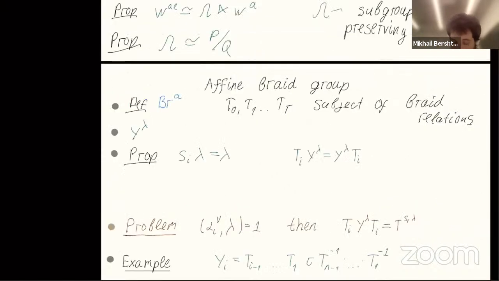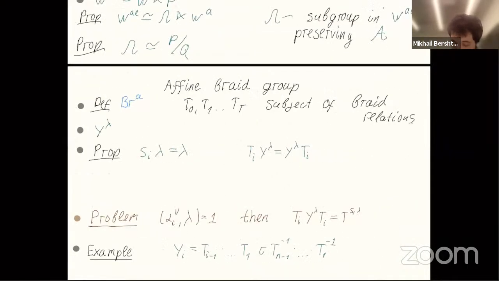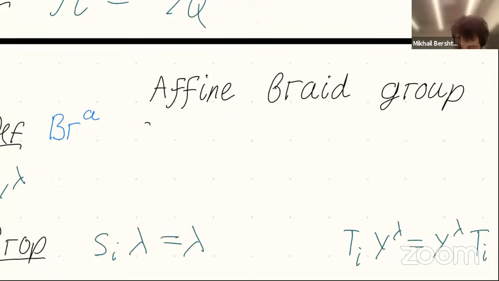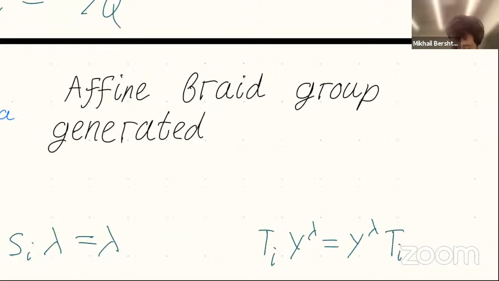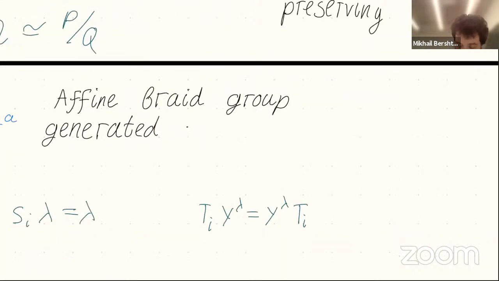This group is generated by generators now labeled from 0 to r.